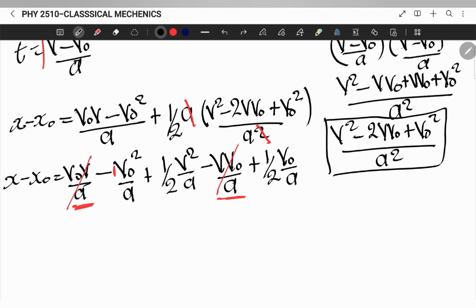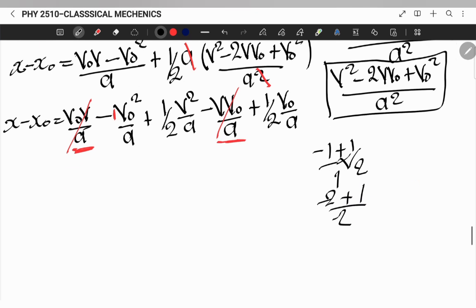So if we do away with this, -1 plus half, that is -2 plus 1 over 2, so this is going to be negative half. So this will get this coefficient, meaning it has dealt away with this and that.